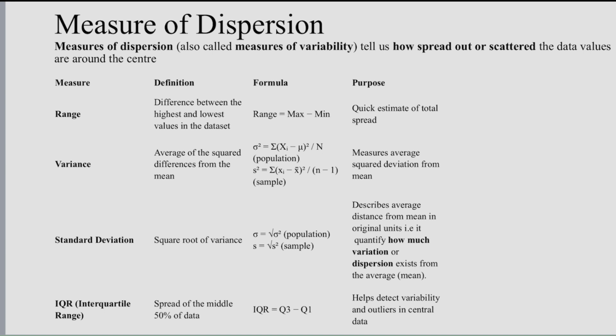Variance measures the average squared deviation from the mean, meaning it will take the squared differences from the mean, and this is the formula for population and sample. You might not be aware of the terms population and sample, however, just to give you a little insight, we are not looking into it in detail. For population, you may consider the population of India, and for sample, you may consider a particular area or a particular state population.